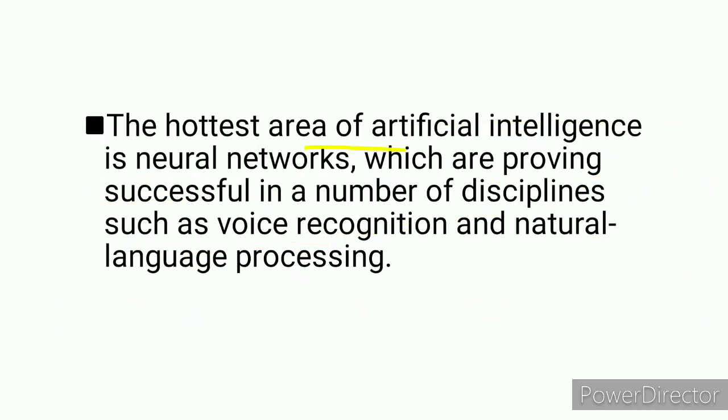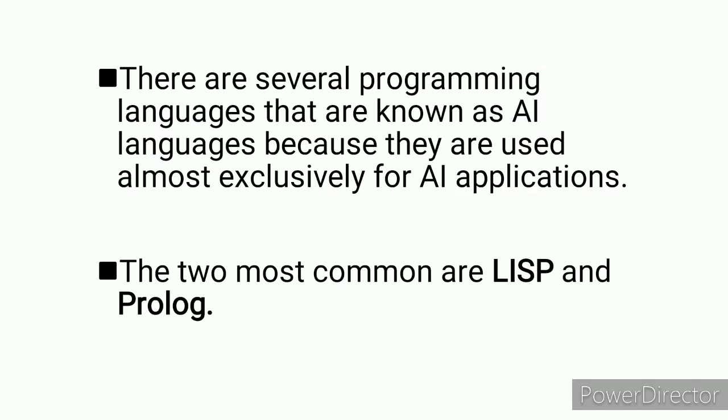The hottest area of artificial intelligence is neural networks, which are proving successful in a number of disciplines such as voice recognition and natural language processing. There are also dedicated programming languages. As you go higher in your studies, MCA and beyond, you will be introduced to these programming languages where you learn how to program artificial intelligence.